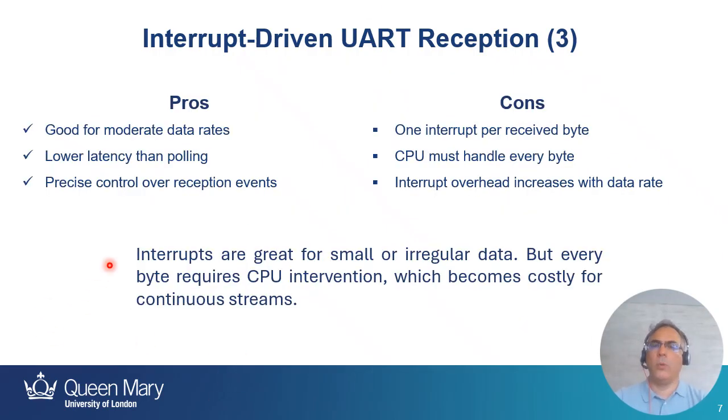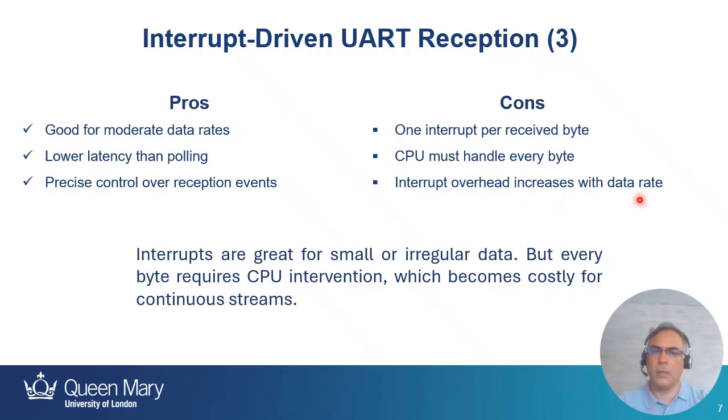So we have the pros and cons of interrupt-driven UART reception. The cons: it's one interrupt per received byte, so the CPU must handle every byte. Every byte that arrives, you need to interrupt the CPU, so interrupt overhead increases with data rate.